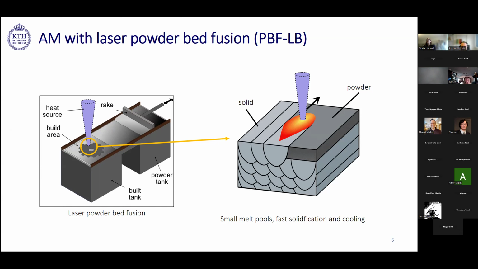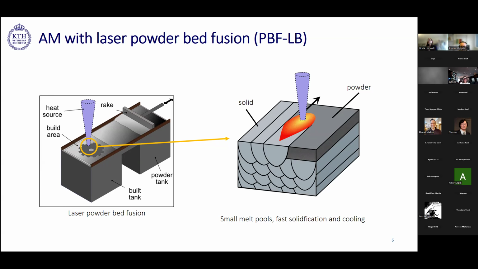The question thus arises whether we actually need the full hardening treatment that I showed you on the previous slide, or if one can just take the as-built material directly and temper it. That was something that we studied in this project. And the first thing we looked at was to see what the as-built microstructure looked like, and if we can use the computational tools to predict the as-built microstructure.